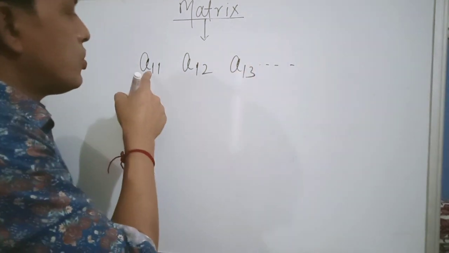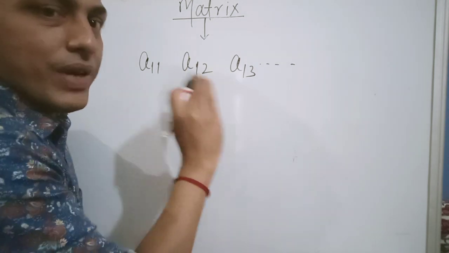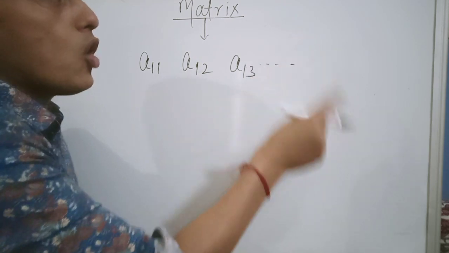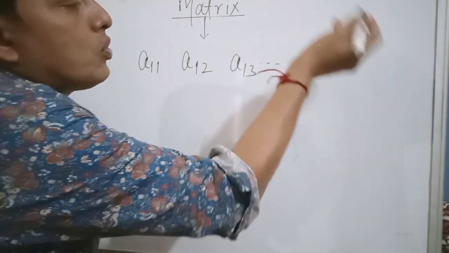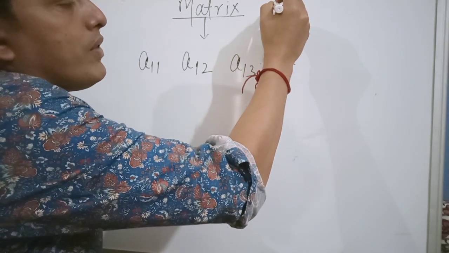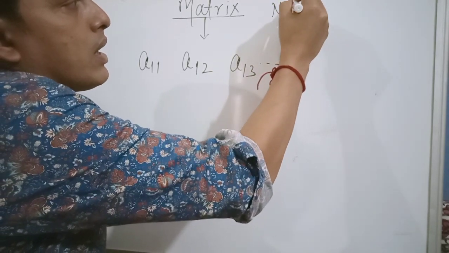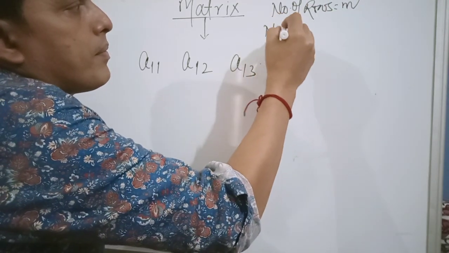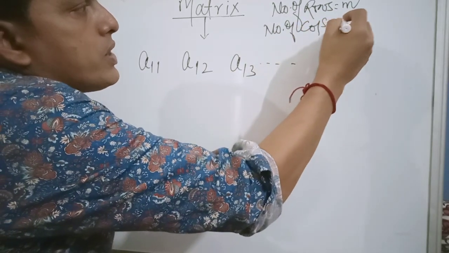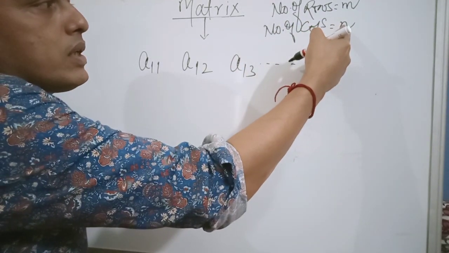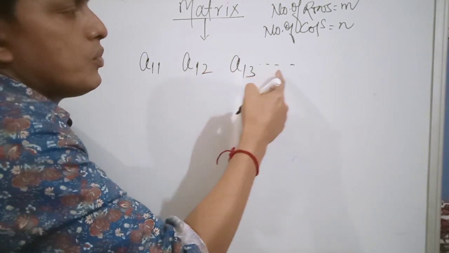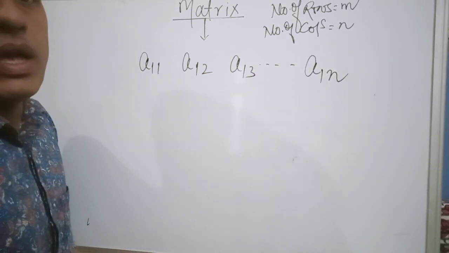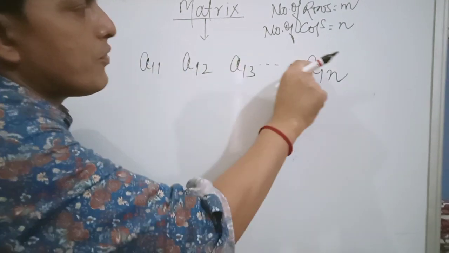So row number is fixed, columns are different. How many columns have we decided to take? In the previous example I have taken the number of rows m, number of columns n. So how many columns are there? n. So 1, 2, 3, 4, 5, 6. The last column will be n because this is the first row.